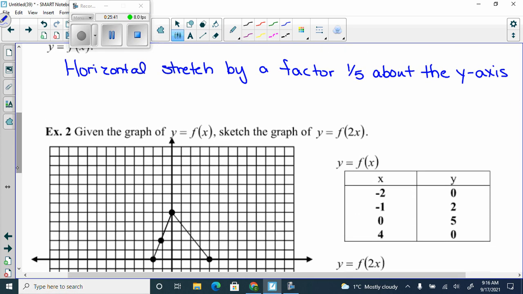You do this one. Sketch it. What's my mapping going to be? (x, y) becomes (1/2 x, y).